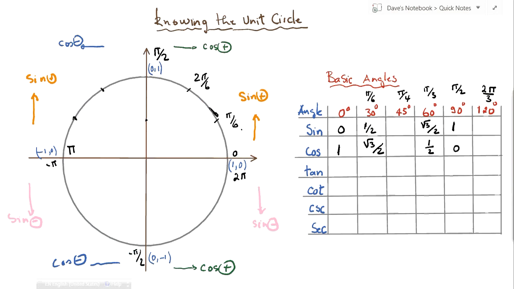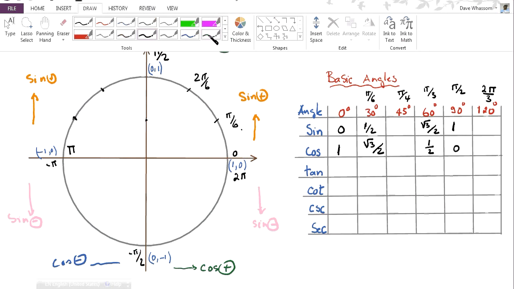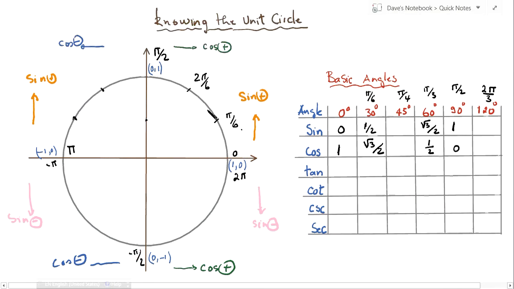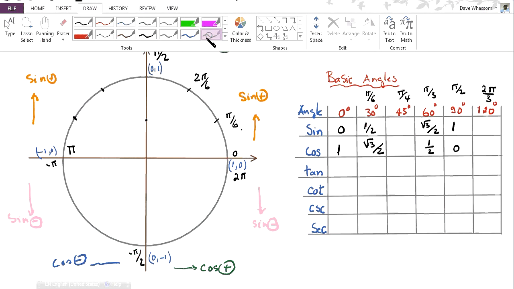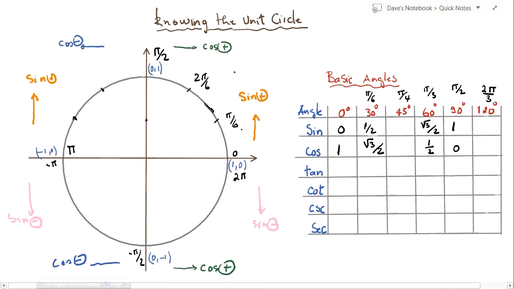So pi divided by 4 could be, let me take another color, could be like this. Okay, it's not taking, like this color here. All right, so pi divided by 4 is something like there.